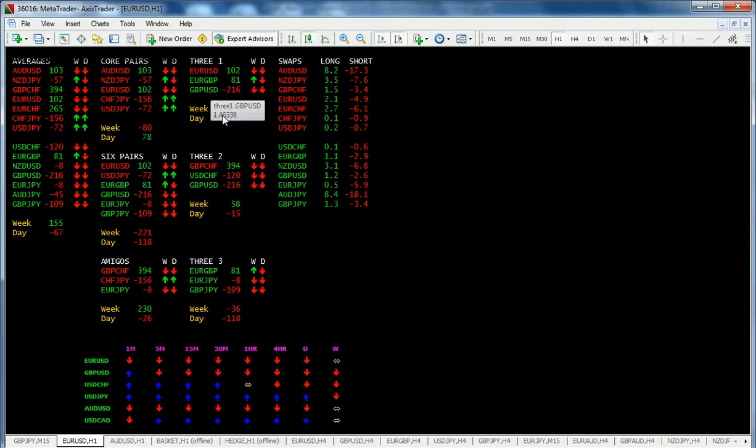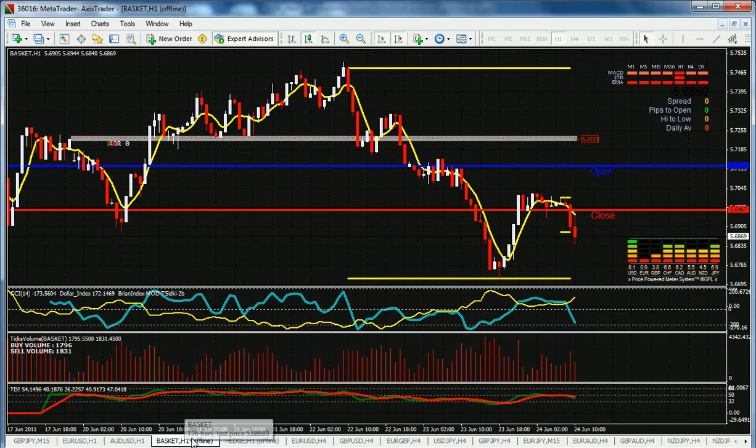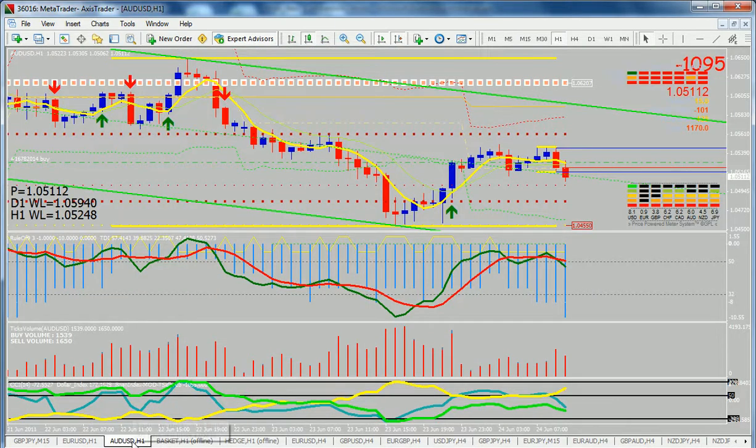Say you want to trade one currency and you got a warning that this is zero, and you look straight away over on your basket, and if they're a white line, and this is how I trade, I say, okay, it looks like the whole basket's going over. What is the Australian dollar doing now? Right now.